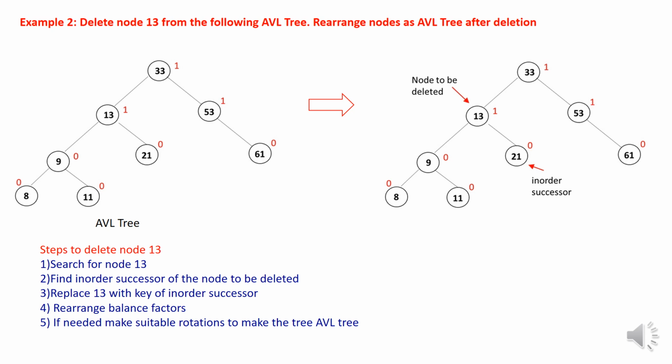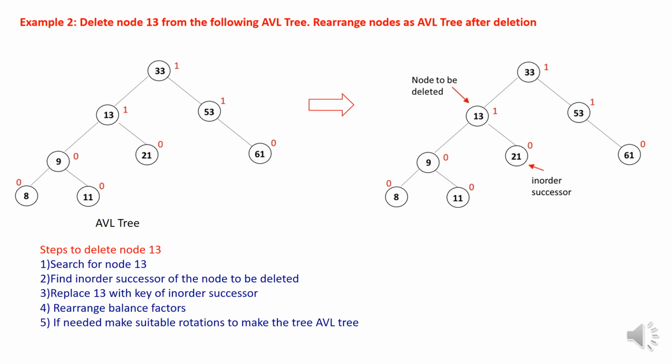Now we replace 13 with 21 and then delete the in-order successor. After deleting the in-order successor, again the balance factors of all the nodes are readjusted. If the balance factors are not in range, we make proper rotations so that the entire tree becomes a height balanced binary search tree.